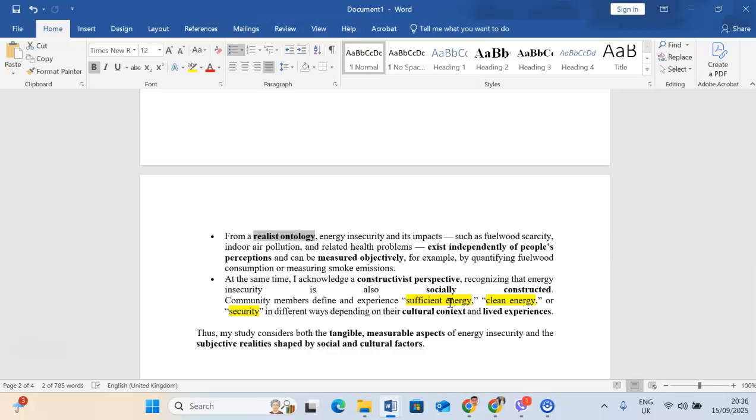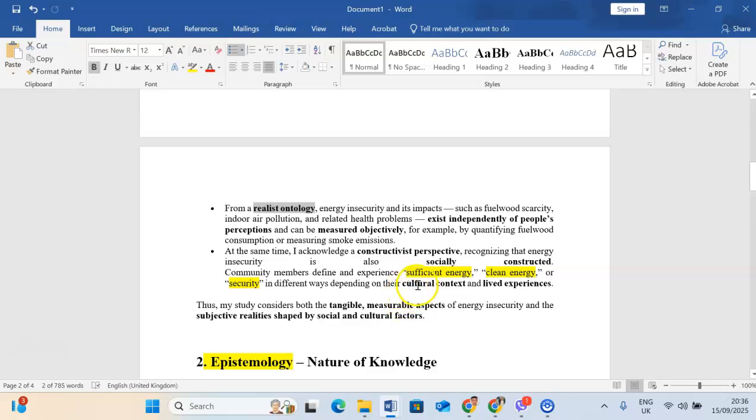Pardon me, rather than ideas, it's all about ideas that came through their lived experiences. And those lived experiences can vary from one place to another place, because that can be defined through their cultural context and their lived experiences that they are in.